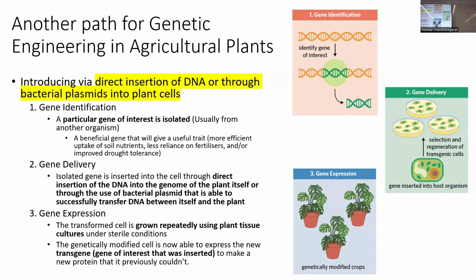You guys haven't learned bacterial plasmids, have you? Okay, essentially bacterial plasmids are bacterial DNA. If this is one bacteria, there's chromosomal DNA here, but there's also one more form of DNA, which is a circular DNA, and we call that plasmid DNA.